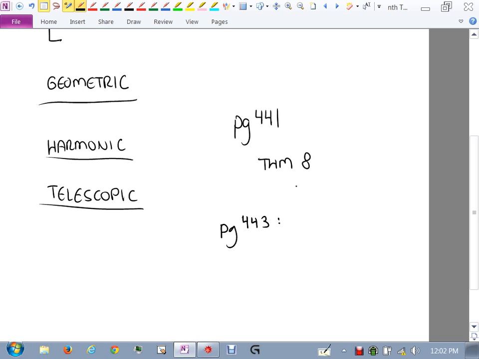So go ahead and I would look at everything. I would look at 7 through 28, all. Practice. This is an important section. You get real familiar with the series here. Mostly everything we do from this point on is going to come back to one of these series. We'll come to some conclusion, say, oh, and because it's like a harmonic, we say it diverges.